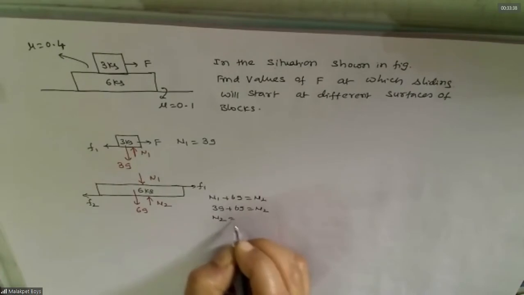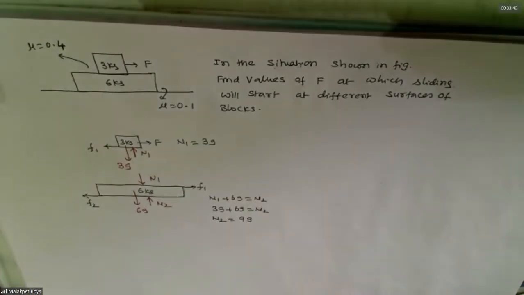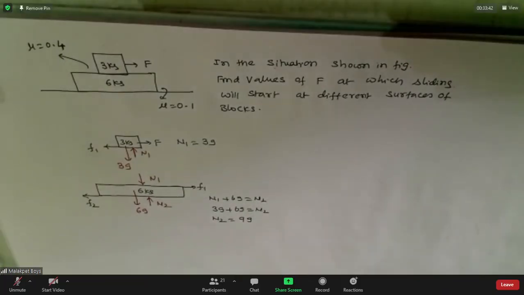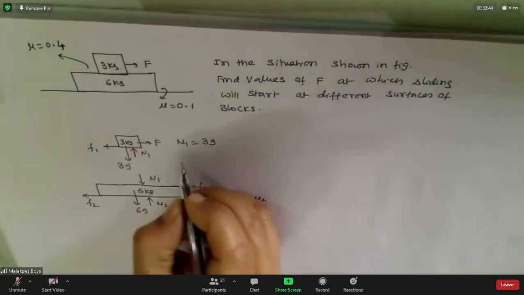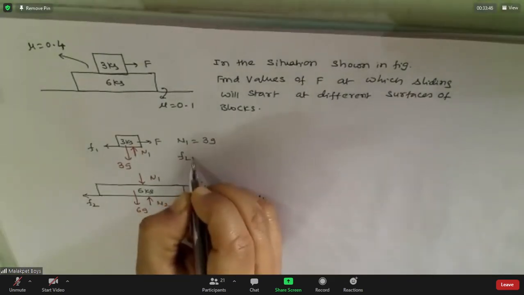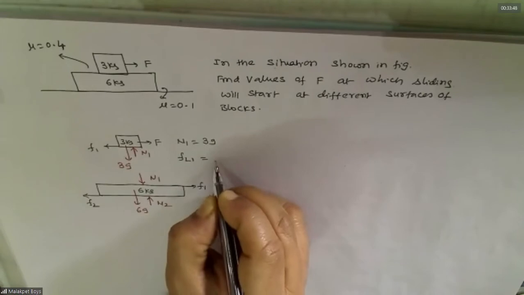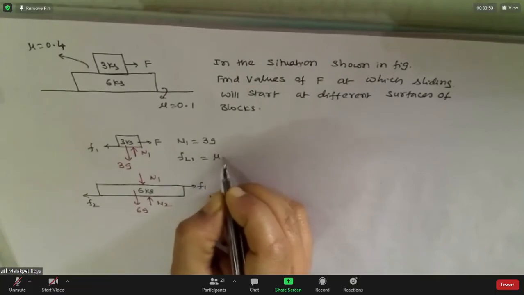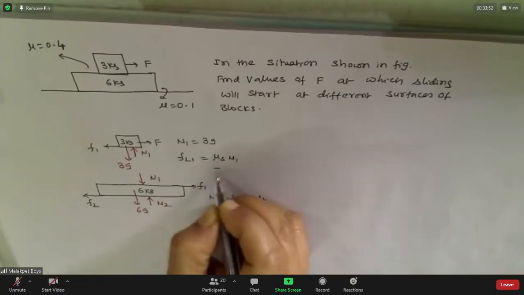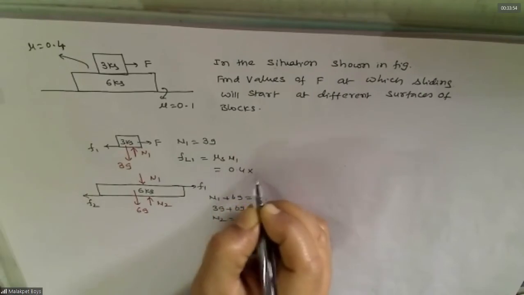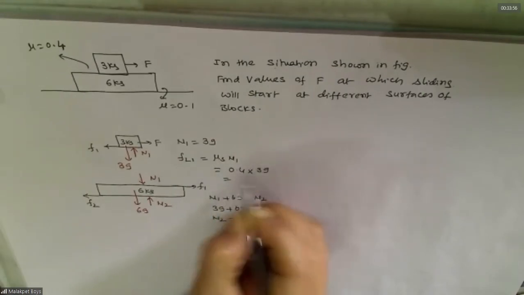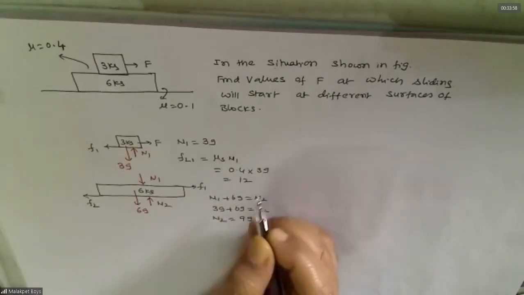So what is N2? Okay, now we can get the max limiting friction for this now. Twelve newtons.